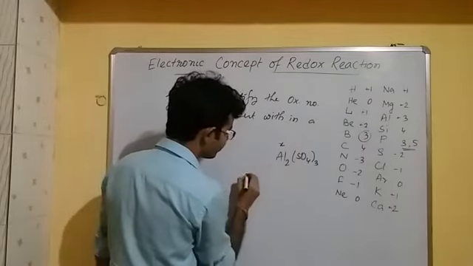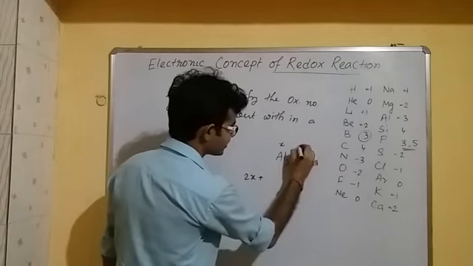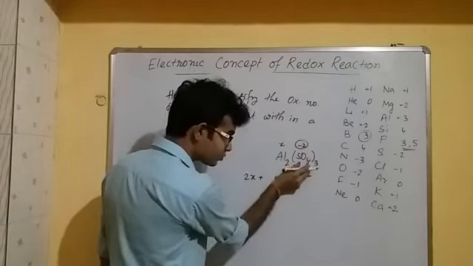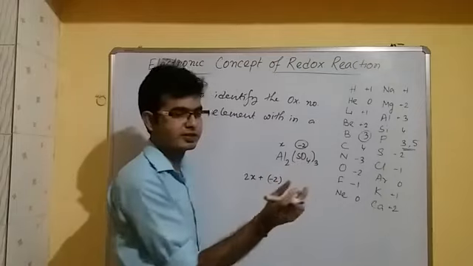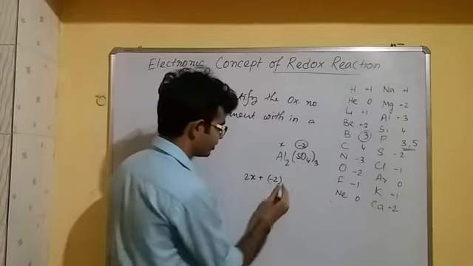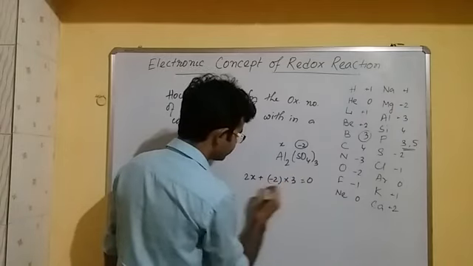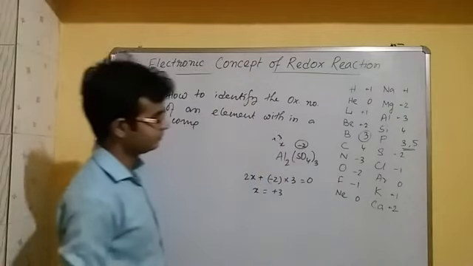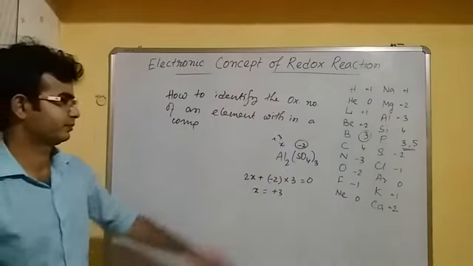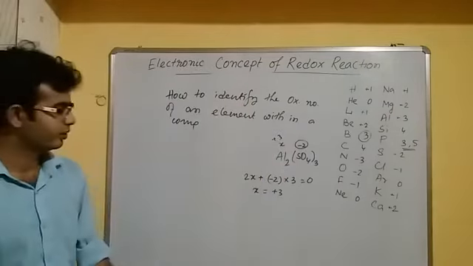There are 2 aluminium atoms, that is 2x, plus for sulfate it is -2. There are 3 sulfate polyatomic ions, so into 3 is equal to 0. So x is equal to +3. Okay. The oxidation number of aluminium is +3.